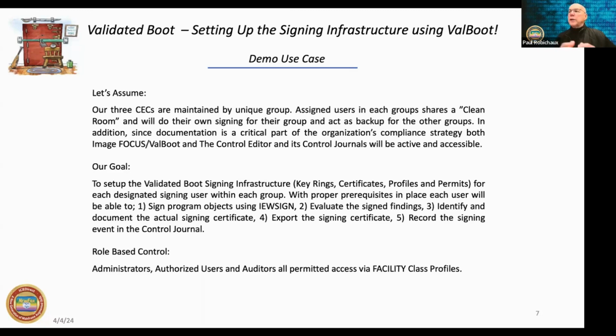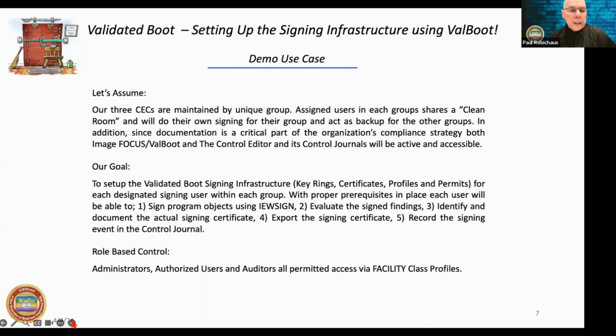That's required because of all of the work that goes on to create profiles and permit individual users to them. Authorized users don't need to have special authority, nor do auditors have to have special authority. The profiles themselves give us the information we need to limit access to functionality within the application.